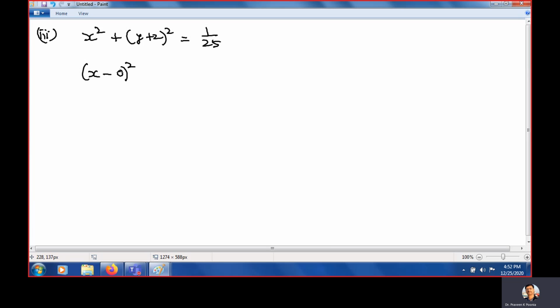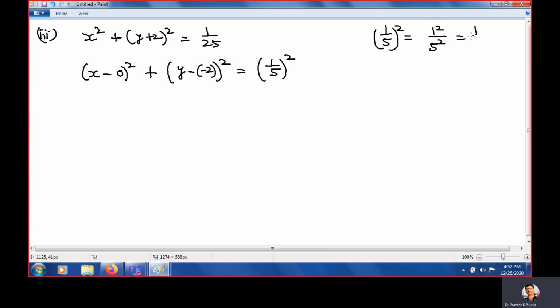And this is y plus, so you need to write it into minus power 2. And this is 1 upon 25, so this can be written as (1 upon 5) power 2. Because what is (1 upon 5) power 2? It is 1 power 2 upon 5 power 2. 1 power 2 is 1, 5 power 2 is 25. This is okay.